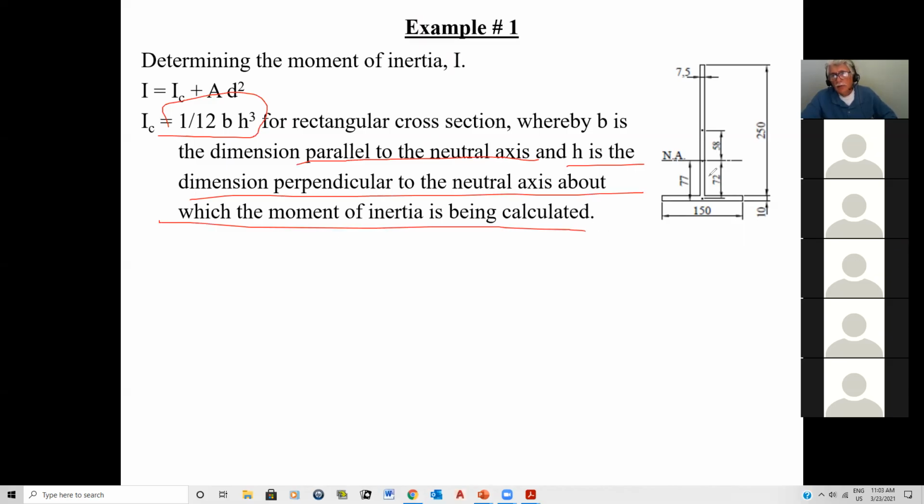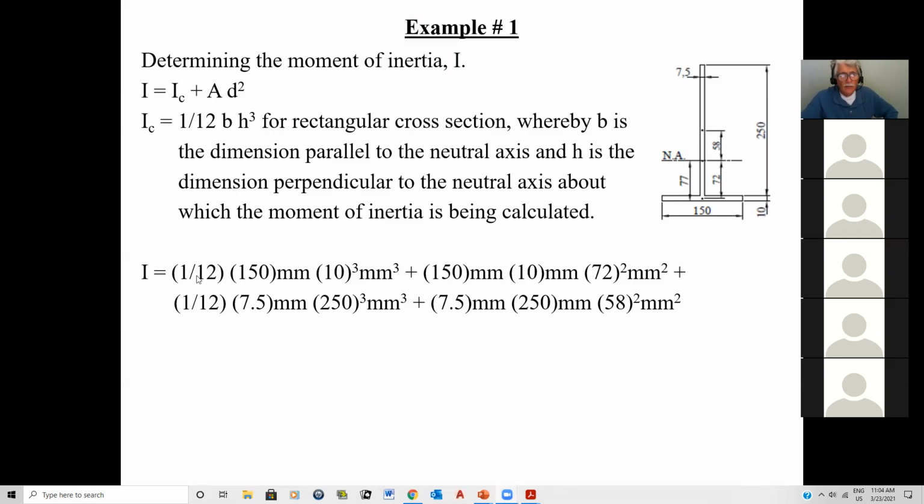So if I'm calculating moment of inertia with respect to this axis, this becomes my B, and this becomes my H. If this happens to be my neutral axis, then it changes completely: this becomes a B and that becomes an H. So that's what you have to worry about, in which direction you're calculating your section properties. B is always parallel, H is always perpendicular to the axis about which you're calculating the properties. That's what you have to keep in mind.